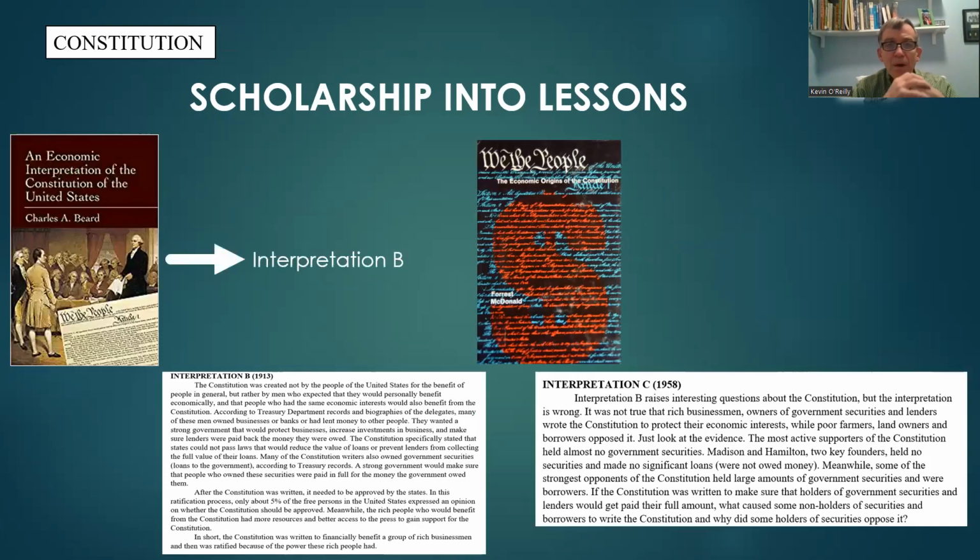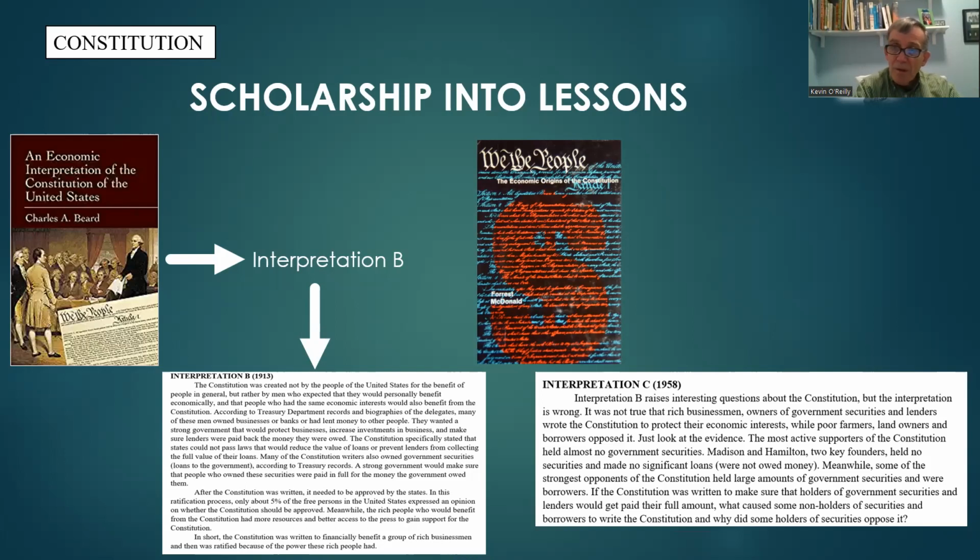Well, on the Constitution, on the top left there is Charles Beard, which is one of the most famous interpretations in American history, that the Constitution was written for economic reasons. They can't read that. You don't have time to have kids read whole books on the Constitution. But here, you can have them read, in this case, 3 paragraphs.